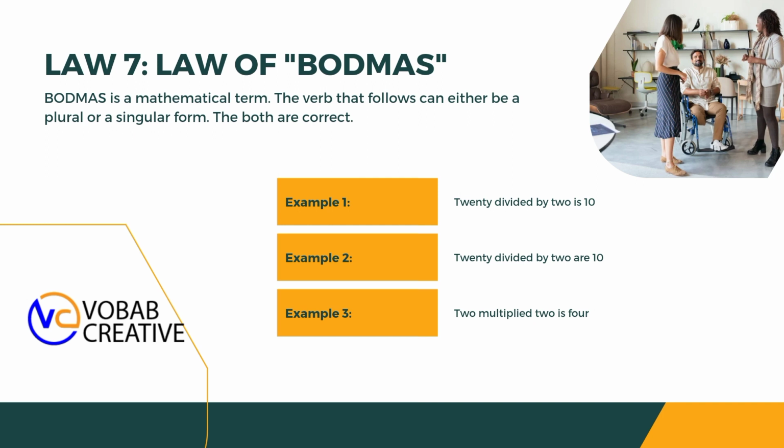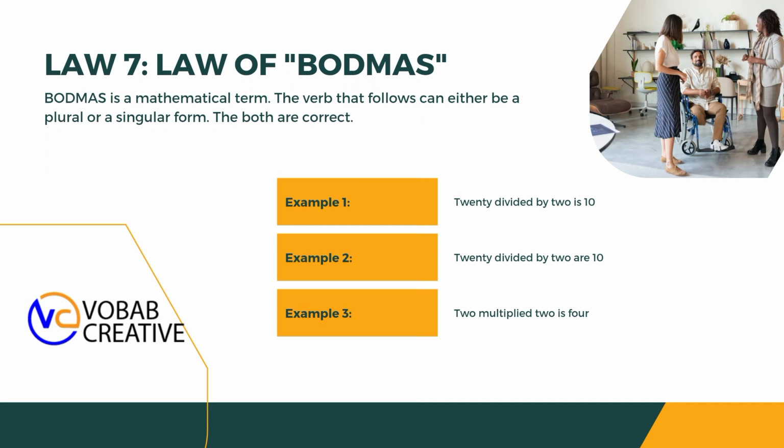Yes, you now understand. So, that is what I meant. They are both correct. So, look at example 3. We have 2 multiplied by 2 is 4. Check, it is correct. And you can also have 2 multiplied by 2 are 4. They are both correct. So that is what the law of Bodmas is all about.